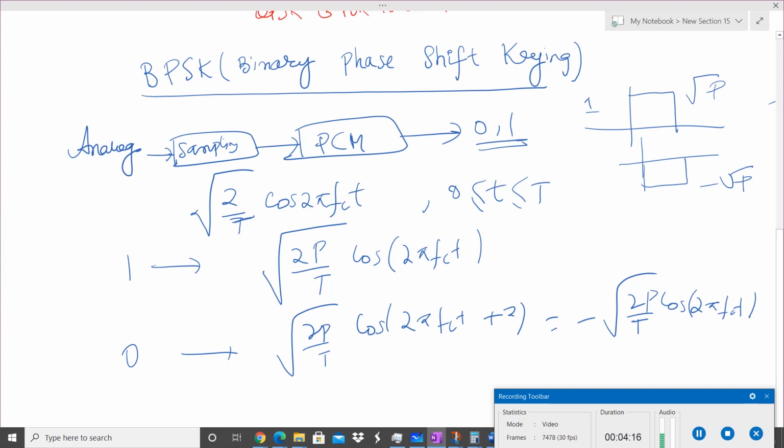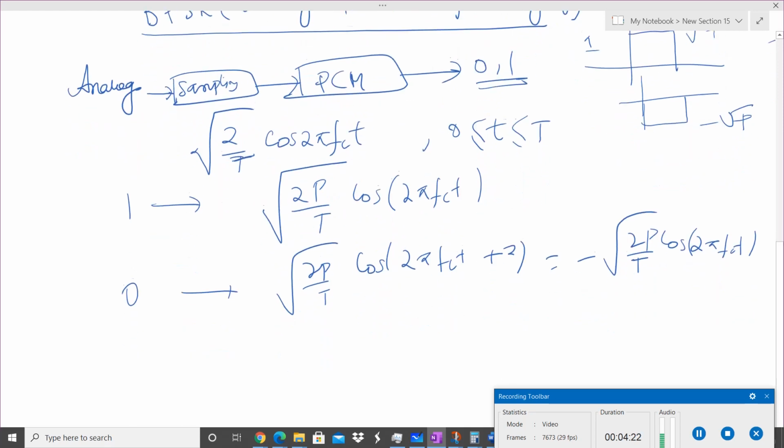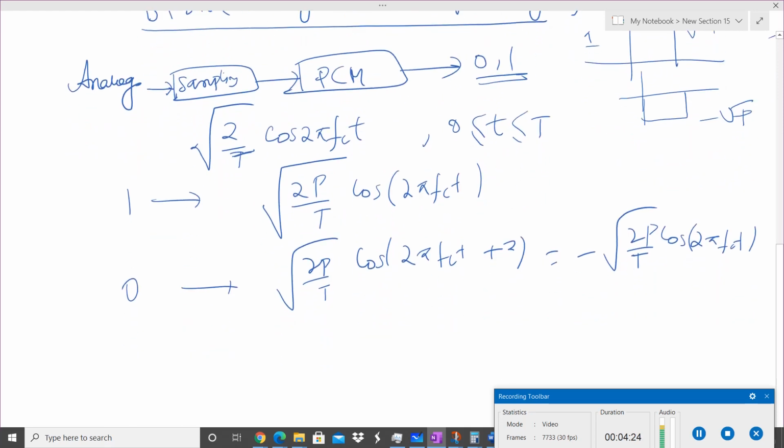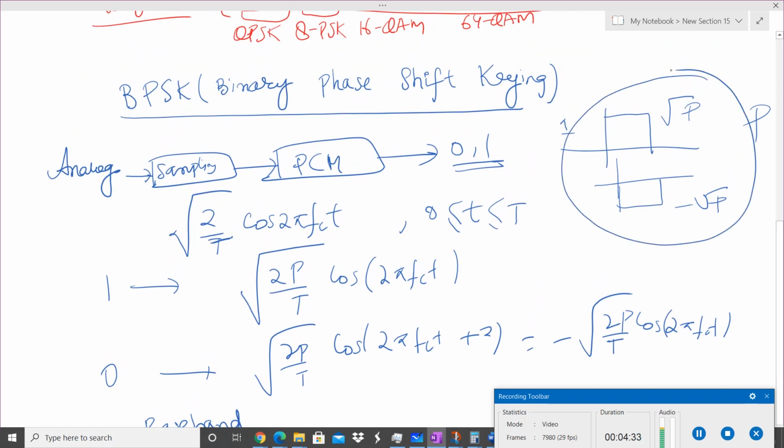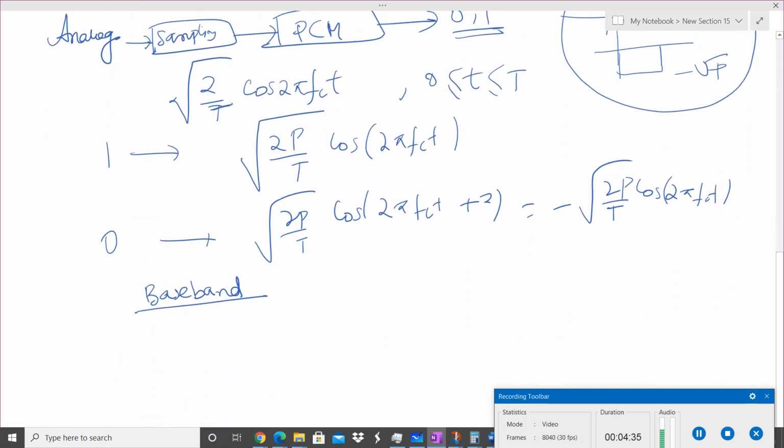Okay, so this is what we also call passband, that is, we are transmitting this signal over the antenna. But if you recall, I have told you something called baseband. In baseband, it means before the modulation, how will you represent the signal? So that representation I have shown here. Then we call this the BPSK symbol.